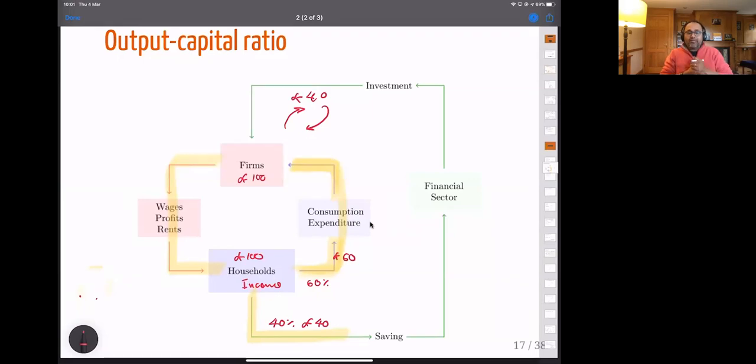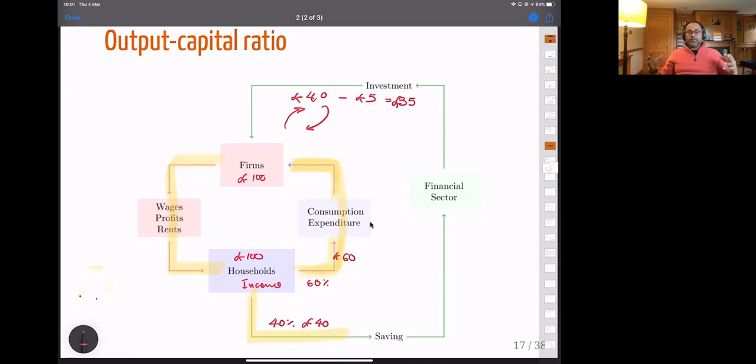On average, things depreciate at the rate of 2, 3, 4, or 5% a year. So if the depreciation in this economy is £5, then 40 minus £5, £35, is the set of new capital goods.